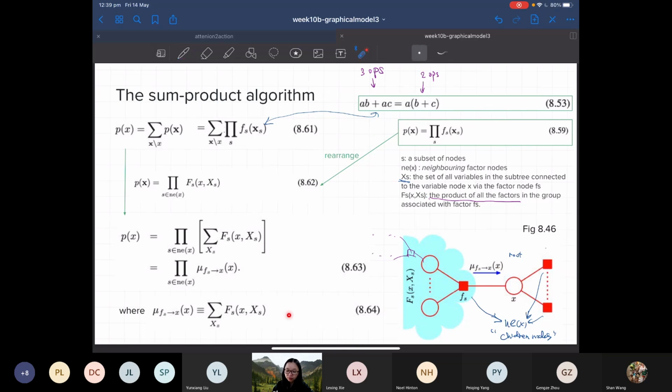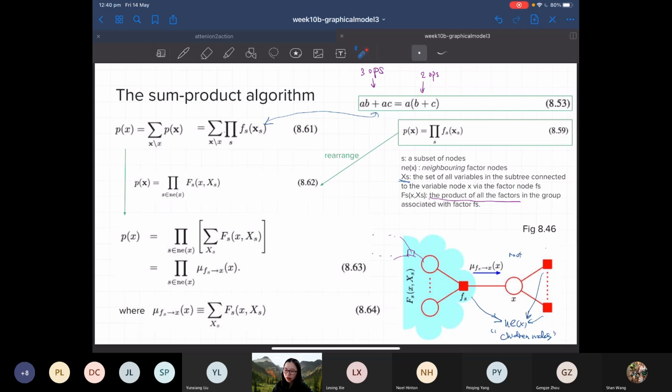So what the rest of this page does is essentially say, yes, the only work we did was to rearrange the terms and exchange product and sum. And now we're just going to define this term inside this giant sum over the subtree of the rest of the nodes as a new term called mu from f of x s to x, basically the message from a factor node to a variable node, right?